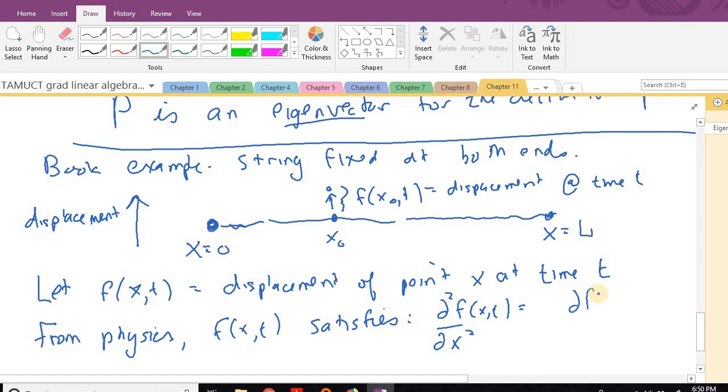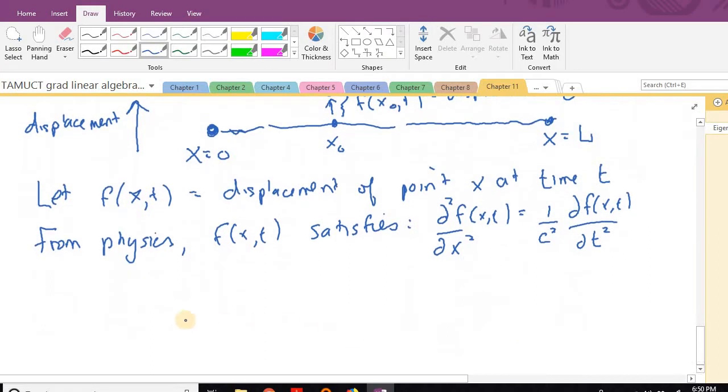The second derivative of f of x and t with respect to t, times 1 over c squared. And c is called the wave speed. And this equation is called the wave equation.